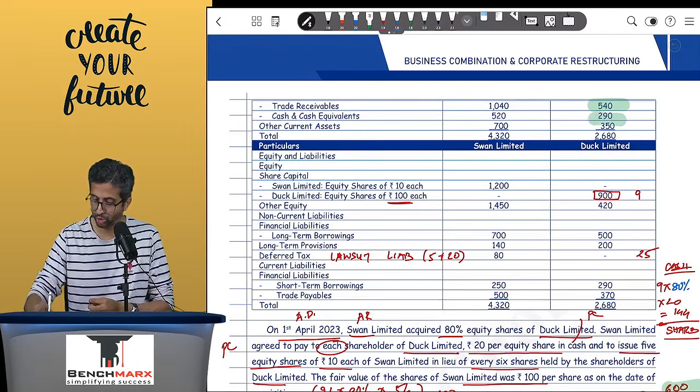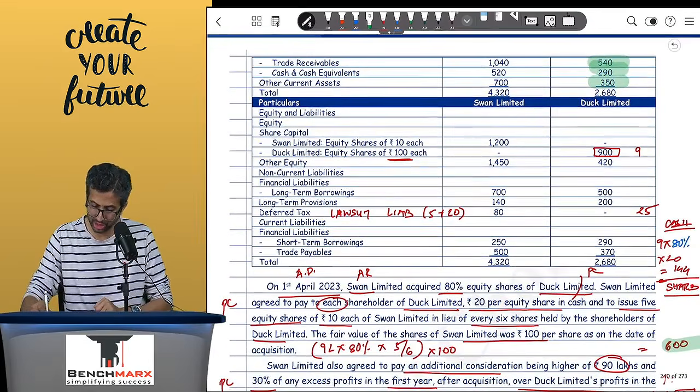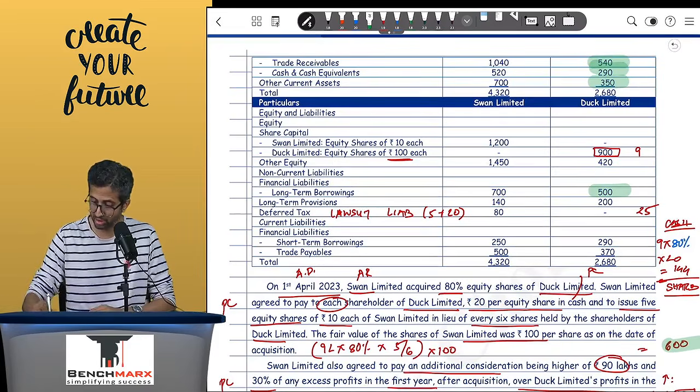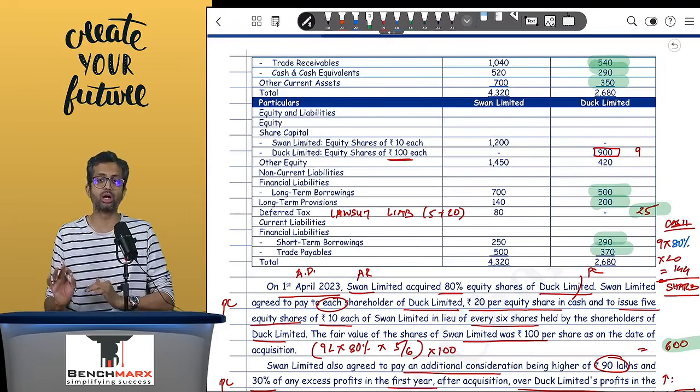All of this put together would give you the total assets, minus the liabilities. Liabilities comprise long-term borrowings, so from 3150 I think is the total assets, minus 500, minus 200. You will also subtract 25 for the contingent liabilities, minus 290 and minus 370. So this is 1805. This is net assets taken over before the deferred tax adjustment.